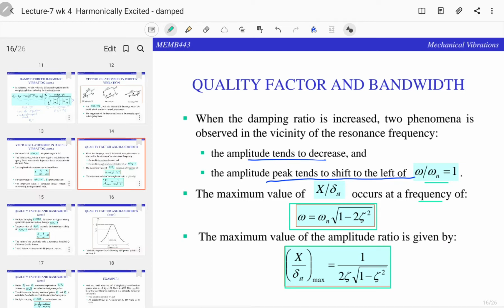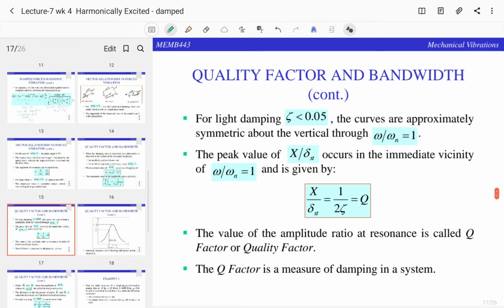So what we call the quality factor comes from this equation of the peak value of your amplitude ratio, which is 1 over 2 zeta.